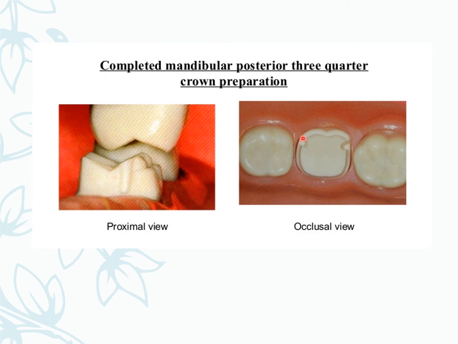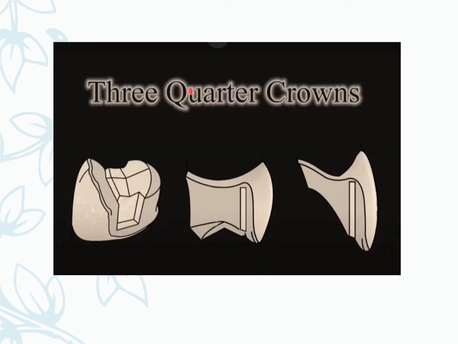Ledges have been created on both sides for retention, guys. So this is an example of a three-quarter crown. In other views it looks like this: the buccal or facial surface remains intact, and the rest of the surface is prepared and fixed on.